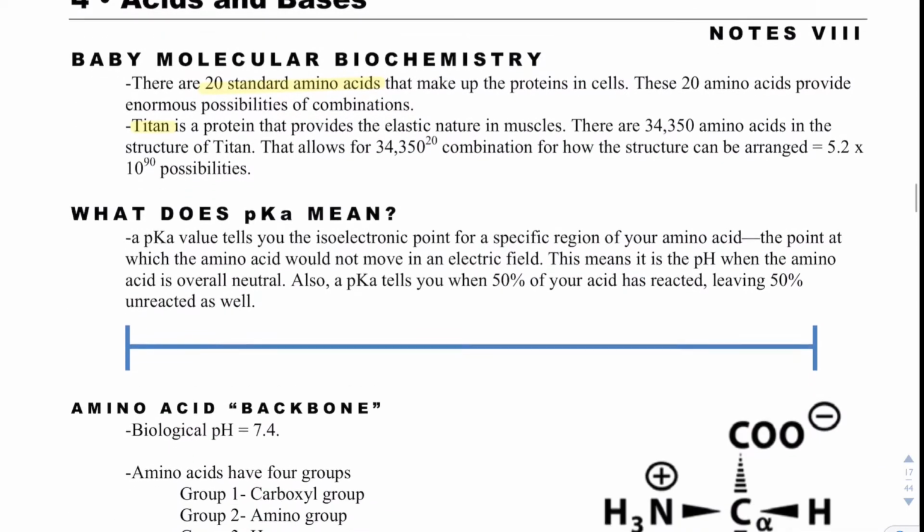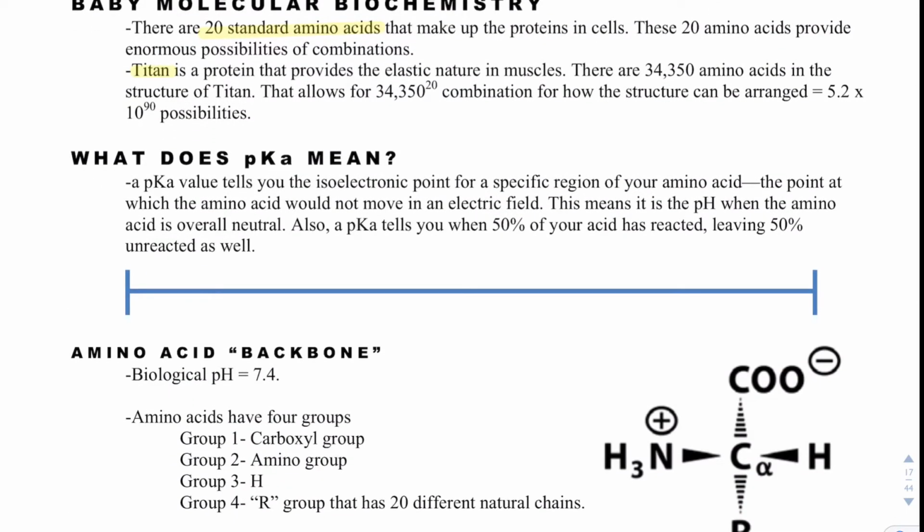So what does pKa mean? Let's say we have a pKa, and I'm just going to say 5.2. At the pKa, this is 50% protonated, meaning 50% of the H's are attached to your acidic location, and 50% are deprotonated, meaning the H is gone.